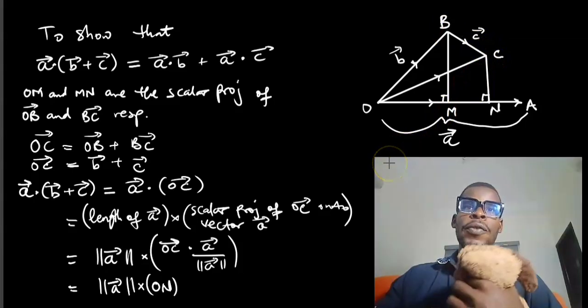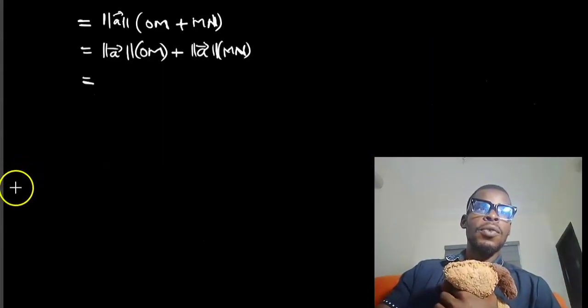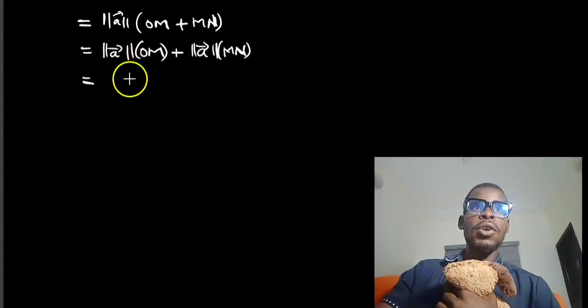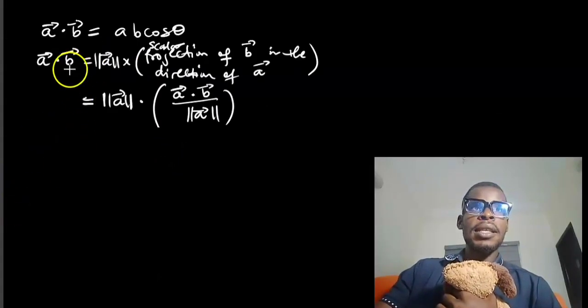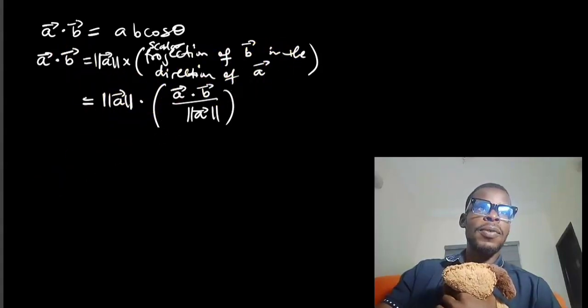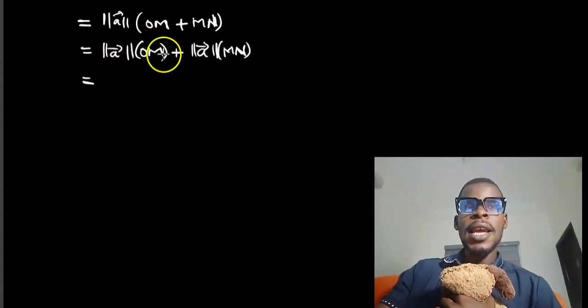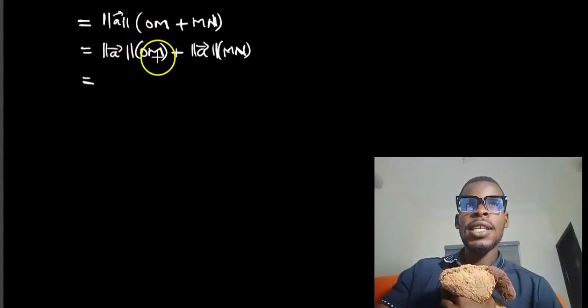So maybe you can reverse the order of our computation, or you can think about it this way. From the understanding that the dot product of two vectors is the length of the first vector times the scalar projection of the second vector in the direction of the first, what is the second vector?